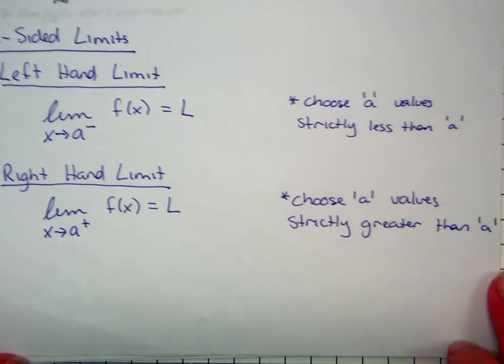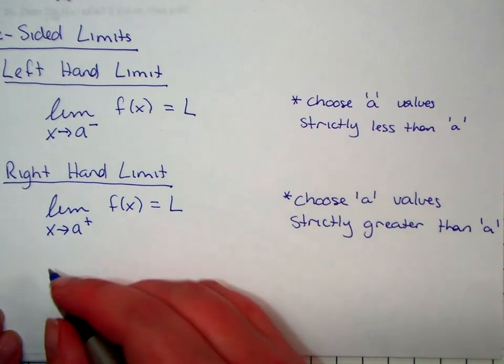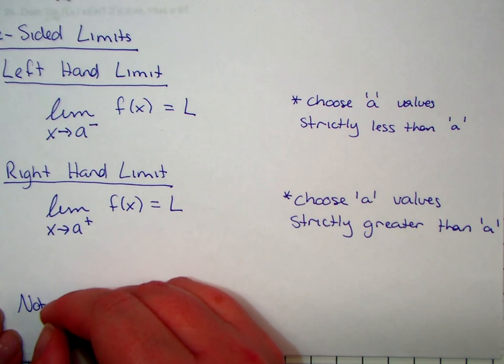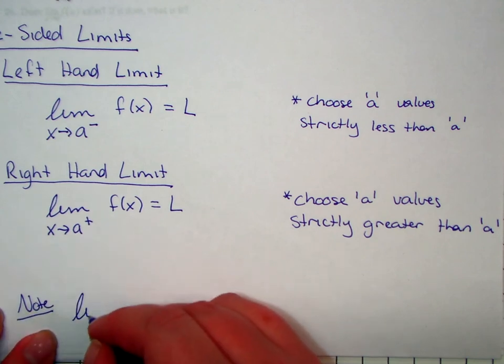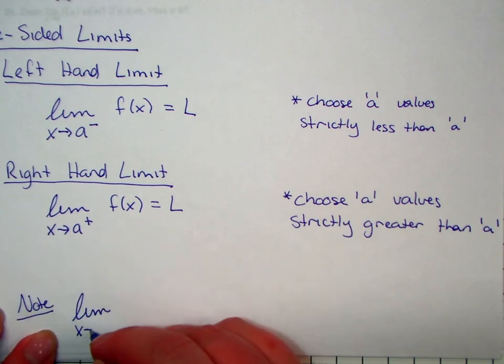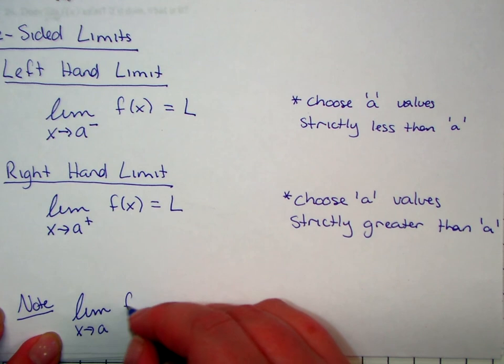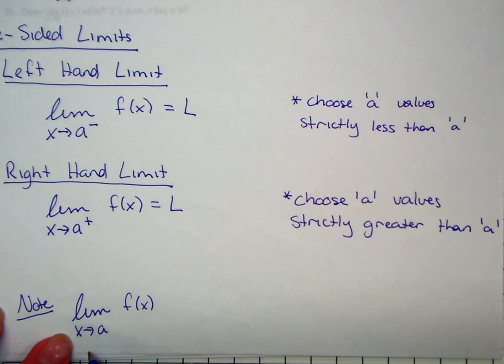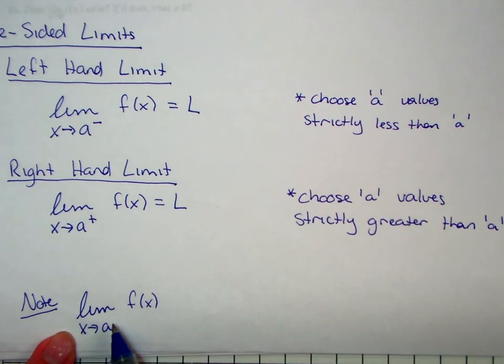So I think it is important to note, right, that when we were evaluating the limits before, and the limit didn't indicate a side, right? I call this an overall limit, right? There is no plus or minus here on the a.